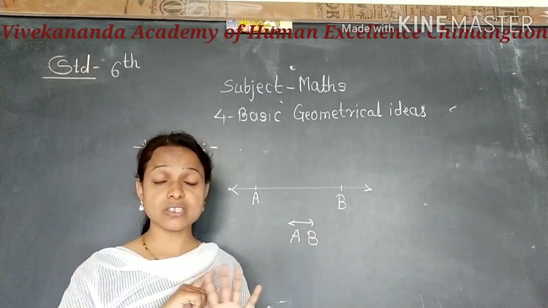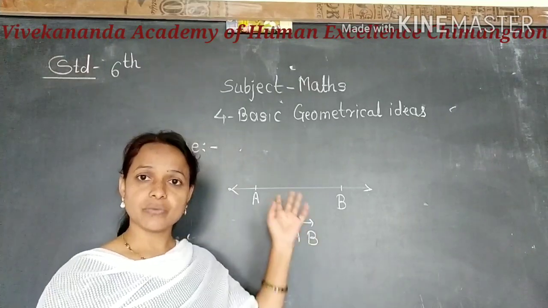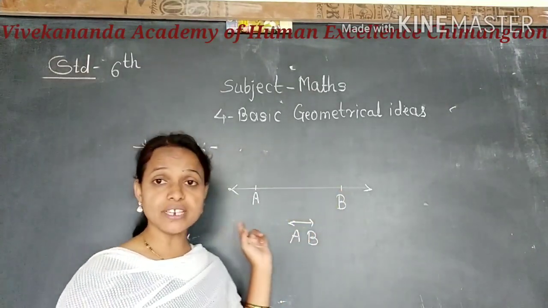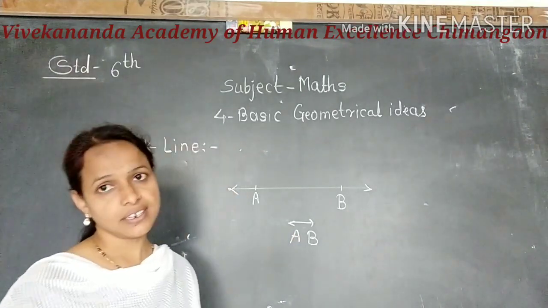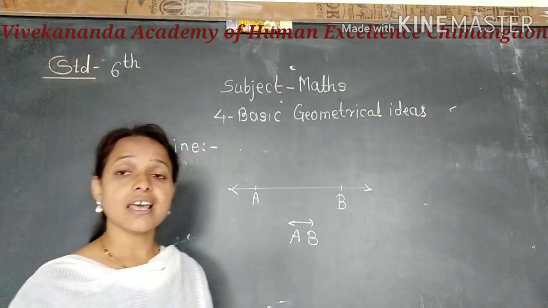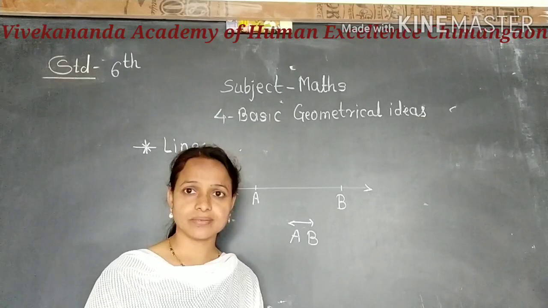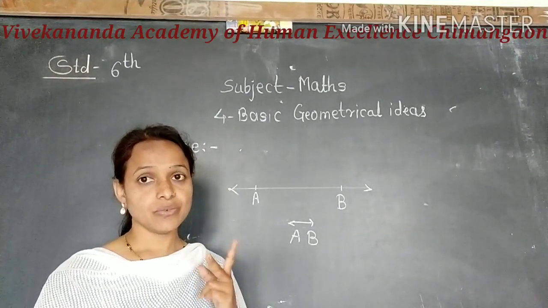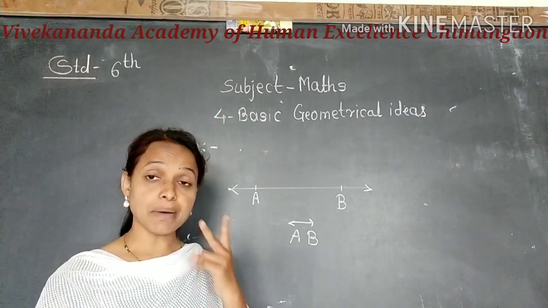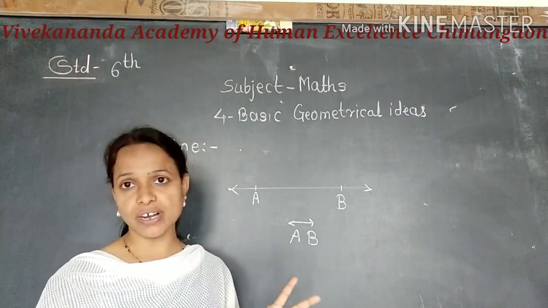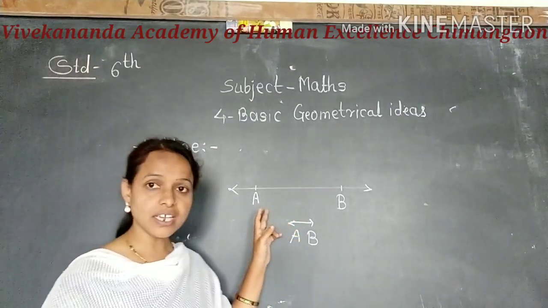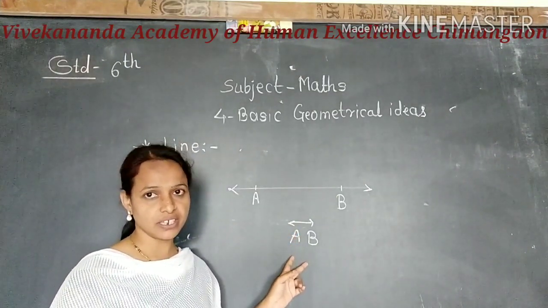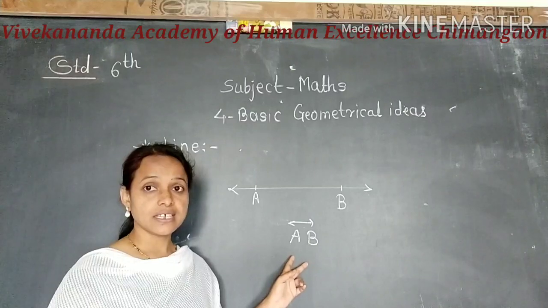Indefinitely means it has no end. Okay, and to denote a line, we can use 2 points. We can denote a line by using 2 points, which means in this figure, we can denote line AB as shown here. Okay, remember that.